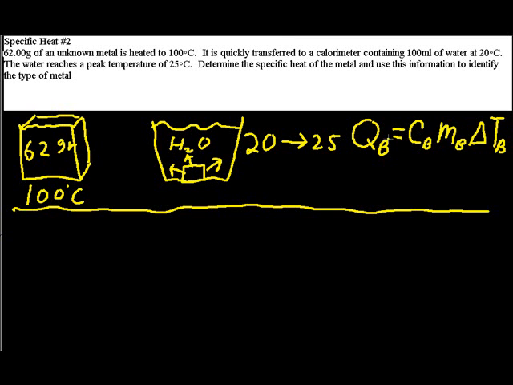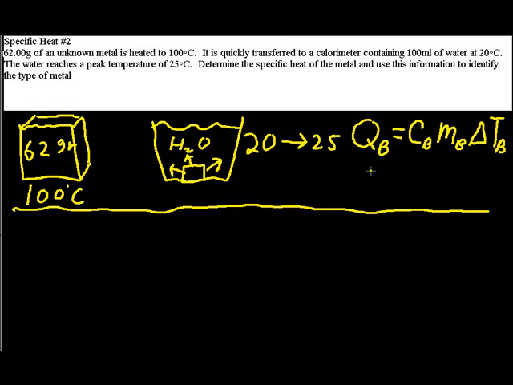So we have two variables here. So what we're going to do is solve for the amount of heat that was transferred out of the block by determining the amount of heat that got moved into the water. Because the heat that went into the water is in fact the heat that got moved out of the block.